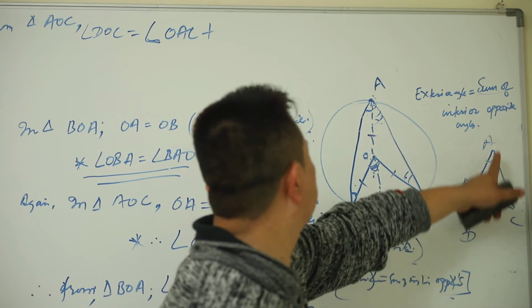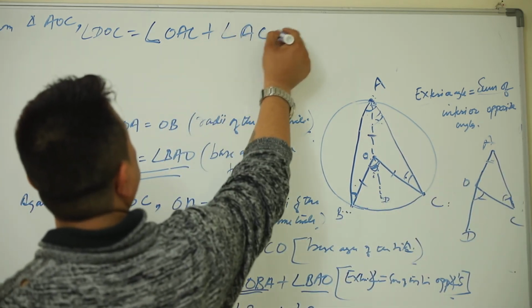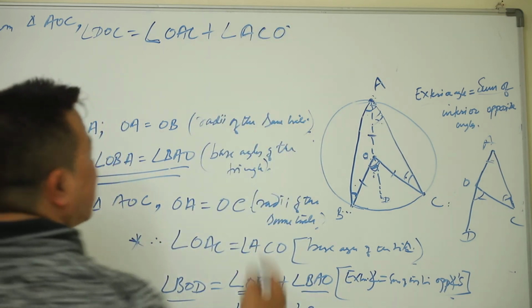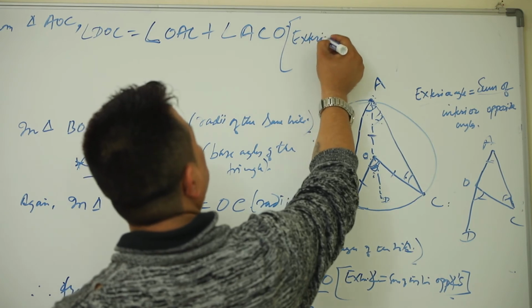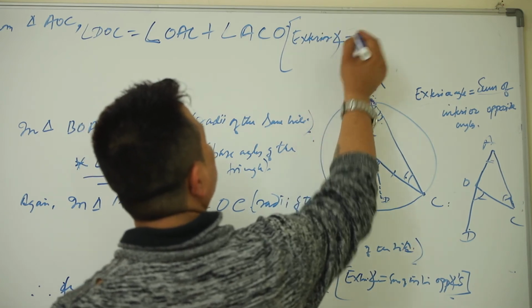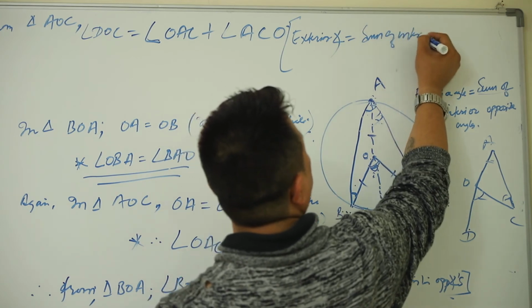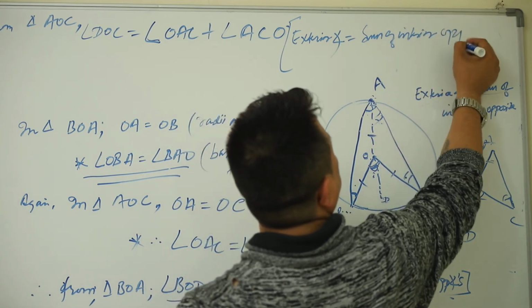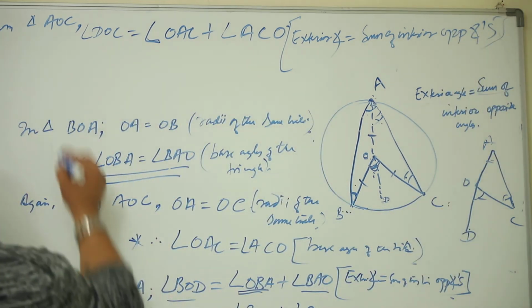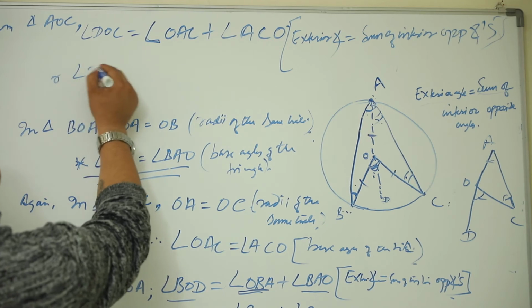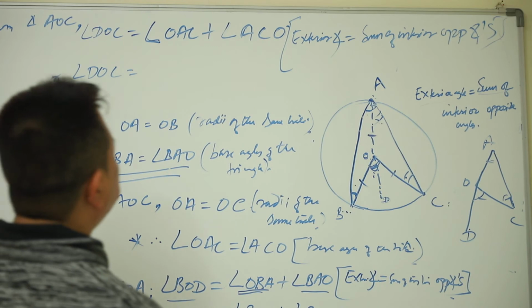What is this angle? Angle ACO. And the reason is the same. What is the reason? Exterior angle is equal to sum of interior opposite angles.